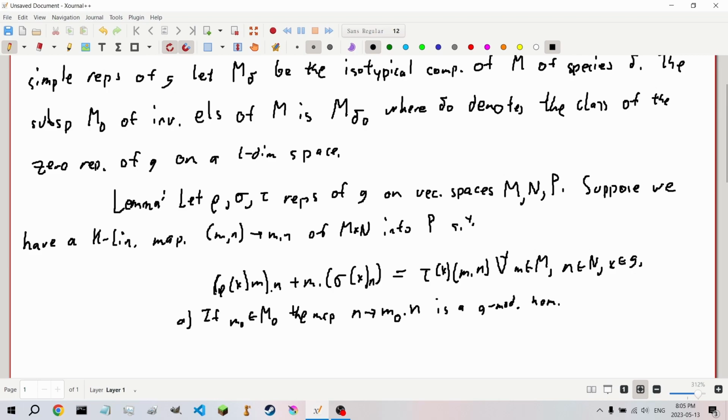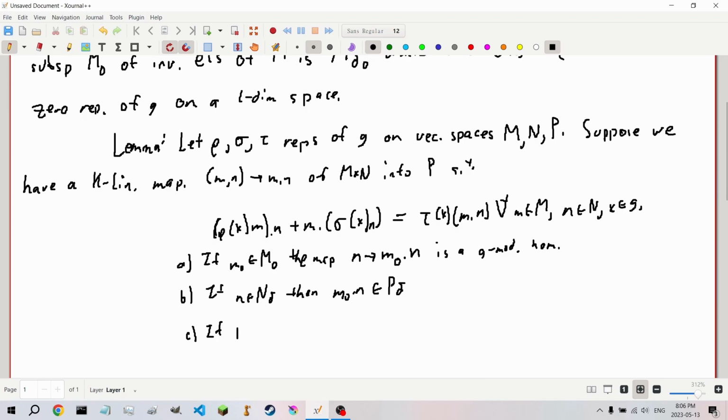B: if n is in N delta, then M naught dot n is in P delta.